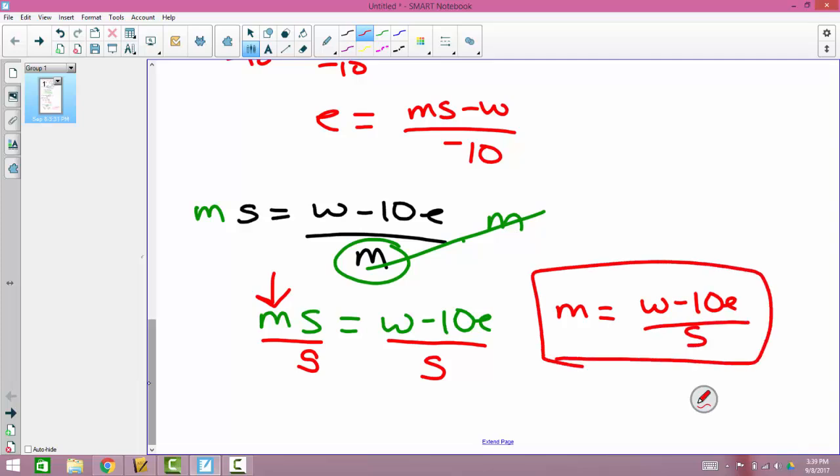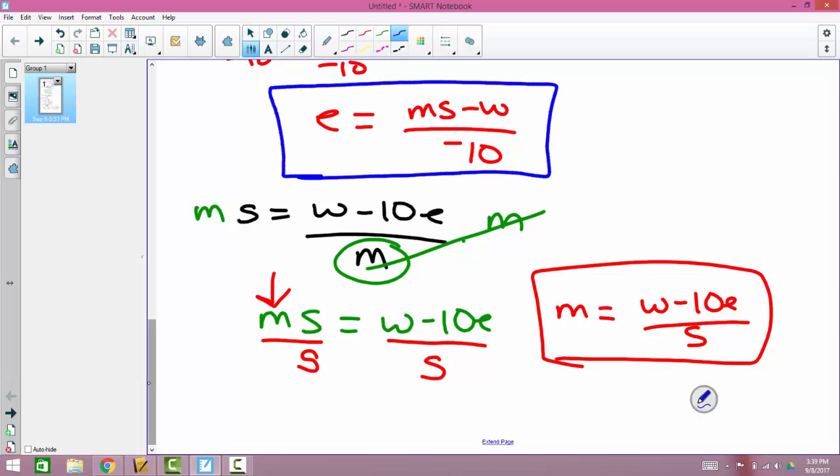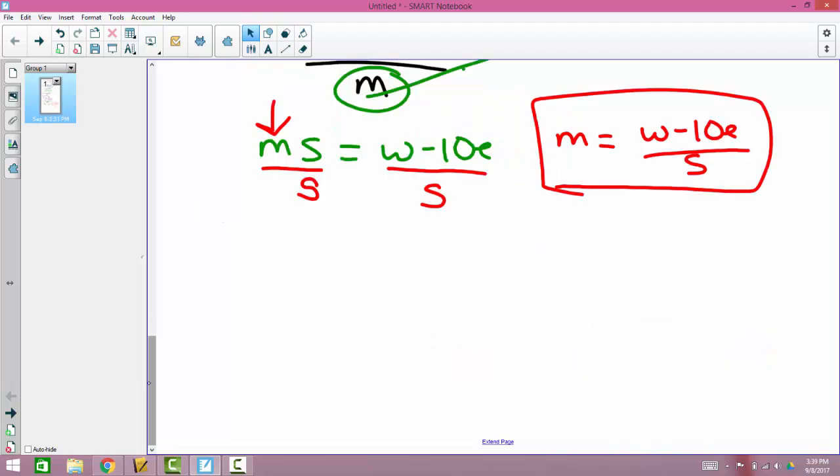So all of these equations are the exact same equation, just solving for a different letter. They all mean the exact same thing. So the reason you would want to do this is if you know what letter is the unknown, you could manipulate the equation to make it easier to solve.